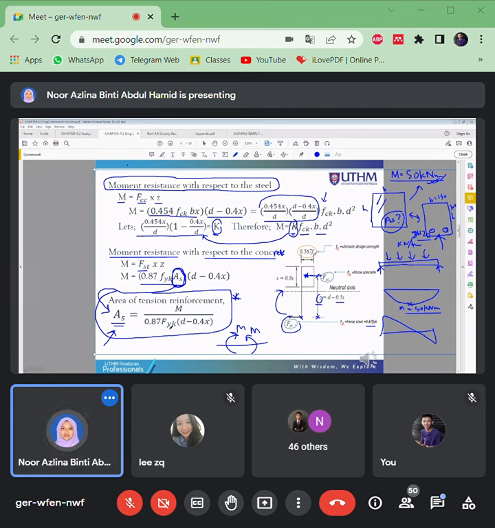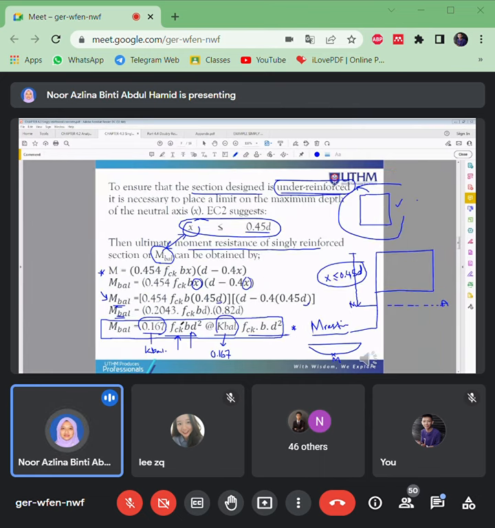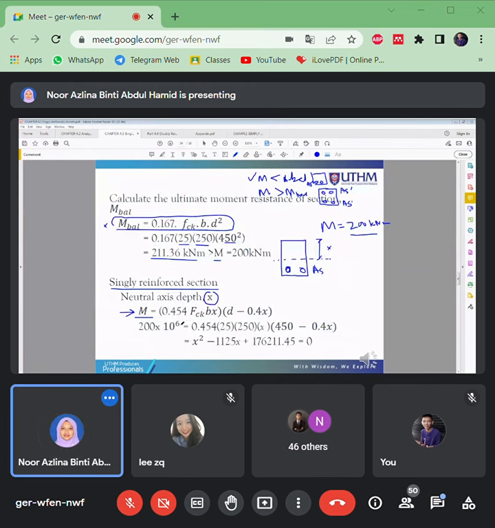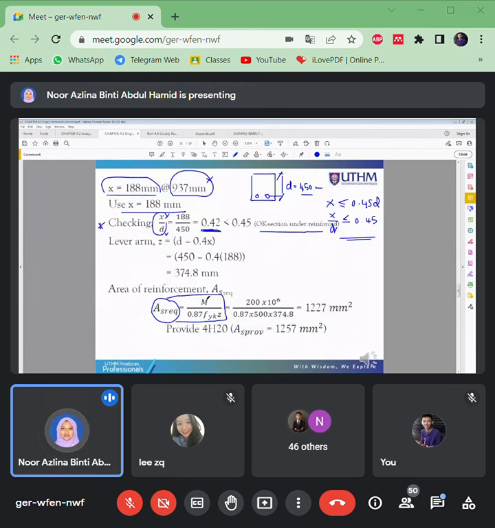So this is the equation to calculate the area of tension reinforcement. So substitute the moment that the beam support needs, which is 200, and then all the values of FYK 500, and then it should have a value of Z. So you have to calculate the Z first in order to substitute in this equation.